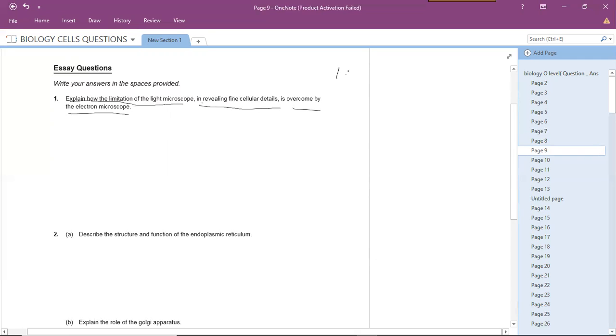In a light microscope, we're talking about the resolution. You have to write down this answer when you get the notes. So the resolution of a light microscope is low.